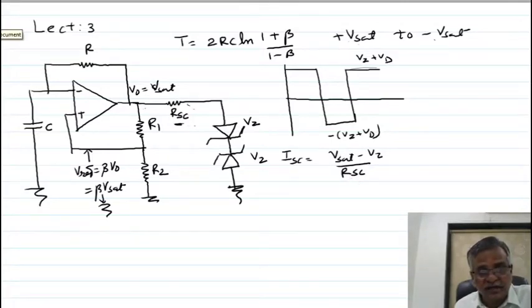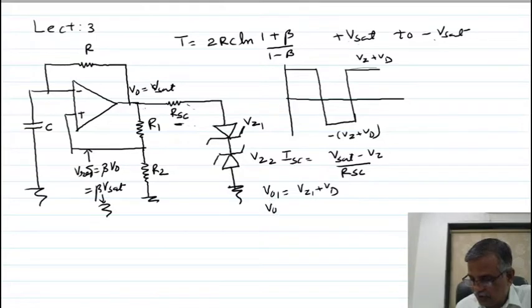Now, say I want to get an asymmetrical output voltage. If you want to get an asymmetrical output voltage, then you can use different values of the breakdown voltage. If you use Zener diodes with different values of the breakdown voltage, then the output will swing between two voltage levels V01 and V02.